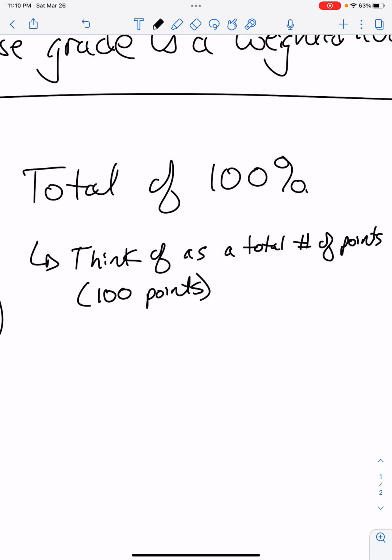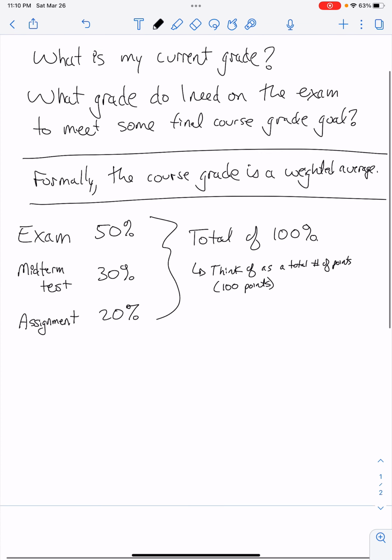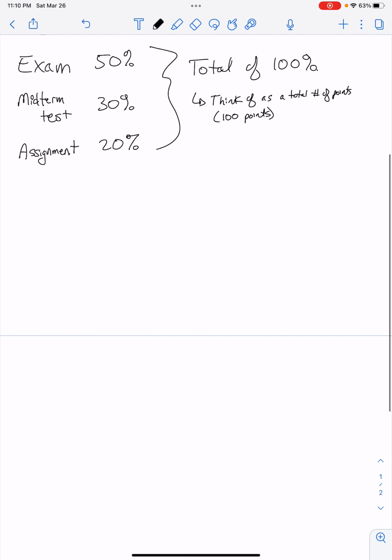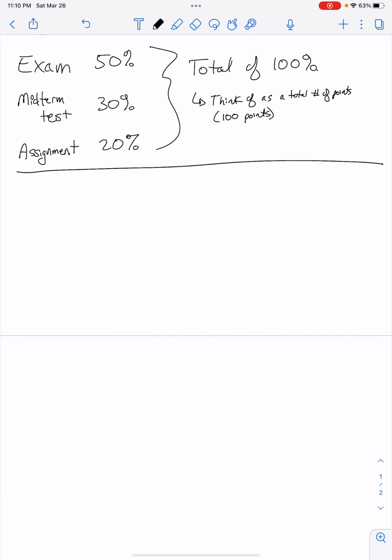Okay, so what do we do? Well, what we're going to do is, we can think about this a little bit. We can write it out to say, if you're going to figure this out, my exam, I can think about it as being out of 50. So I've got 50 points possible on the exam, and I'm going to add that to the midterm.